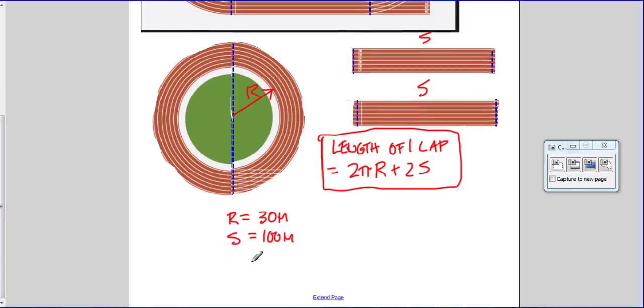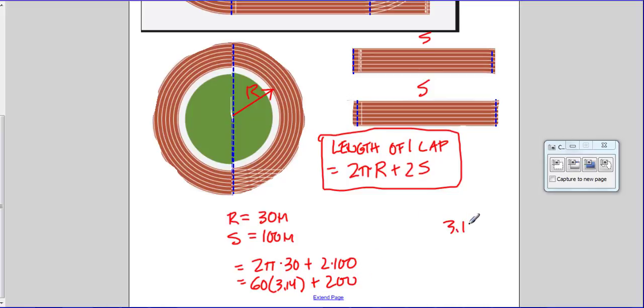So the length of one lap on this particular track would be 2 times pi times 30 plus 2 times 100. Well, we'll use 3.14 for pi, and 2 times 30 is 60, so that's 60 times 3.14 plus 200.